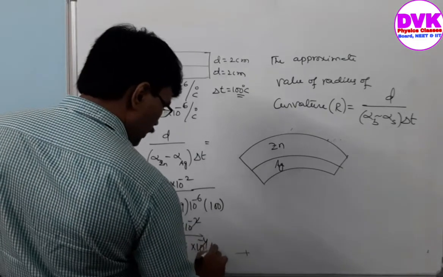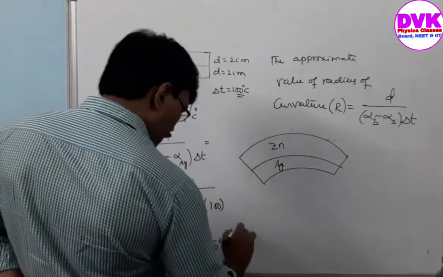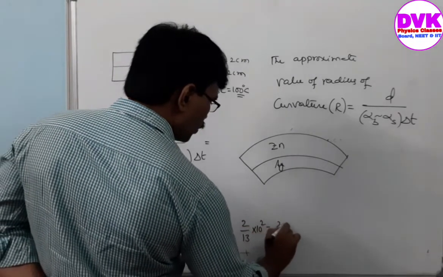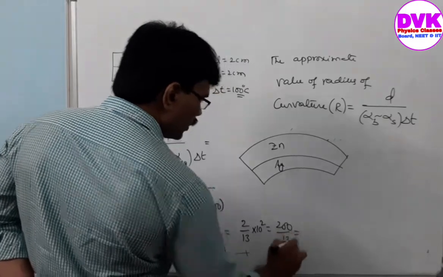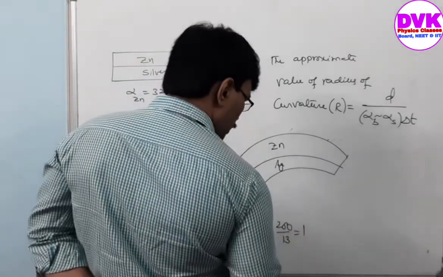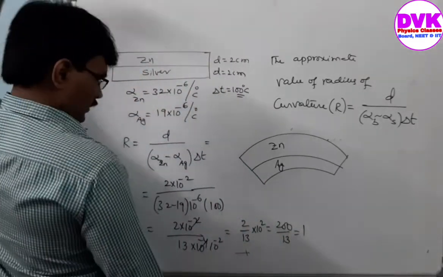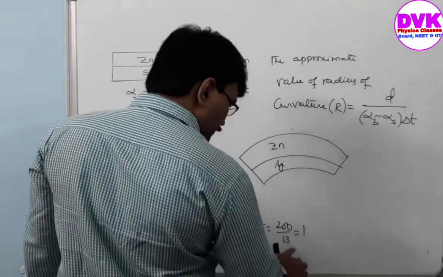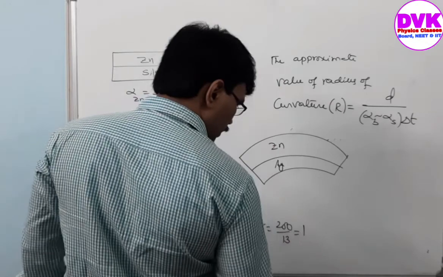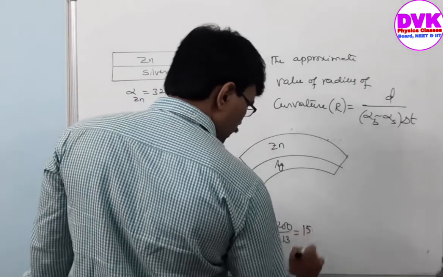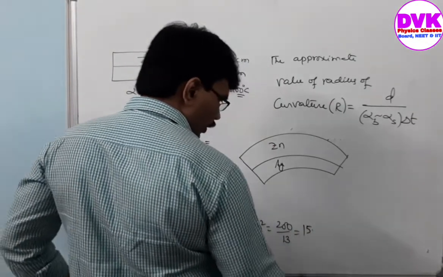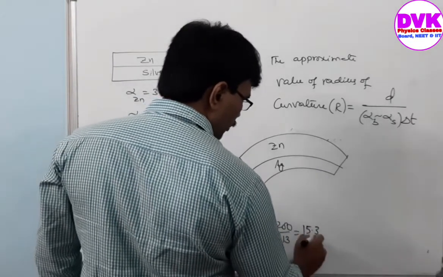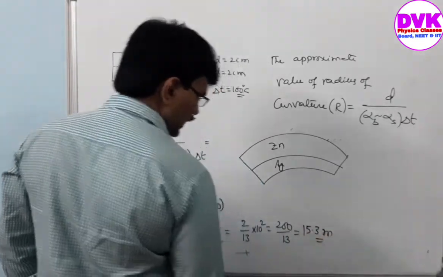So it is 2 by 13 into 10 square, meaning 200 divided by 13. Let us divide: 13 ones are 13, 13 fives are 65, 13 fours are 52, 13 threes are 39. So it will be this much in meters.